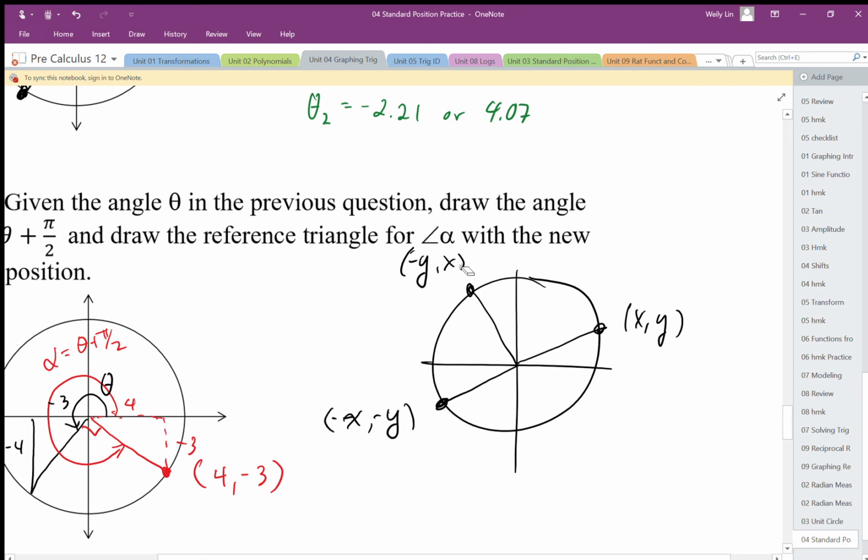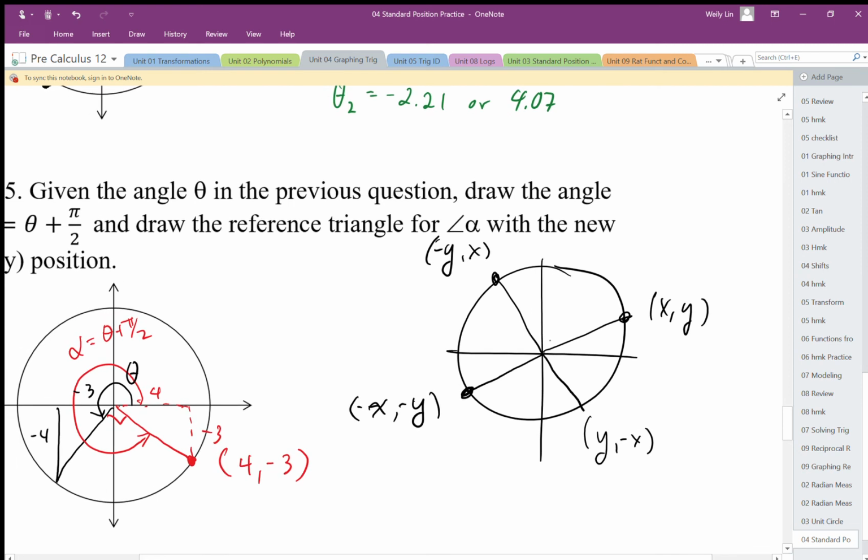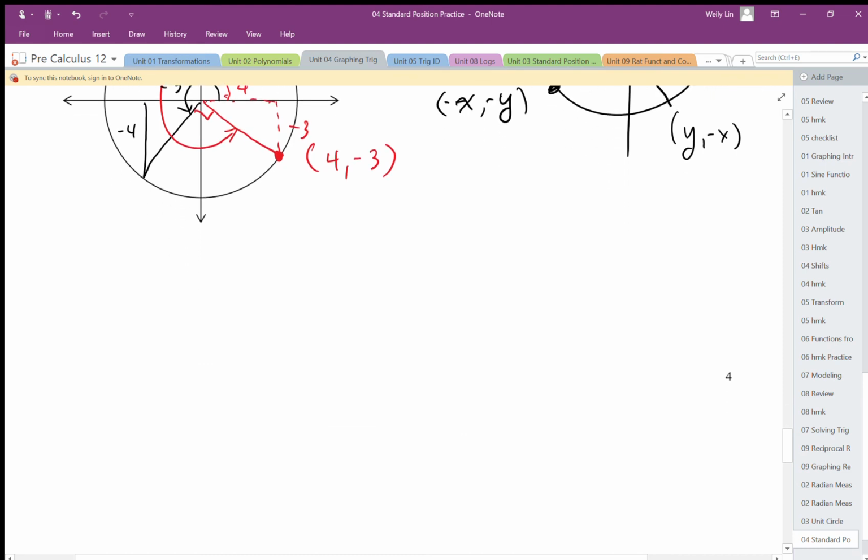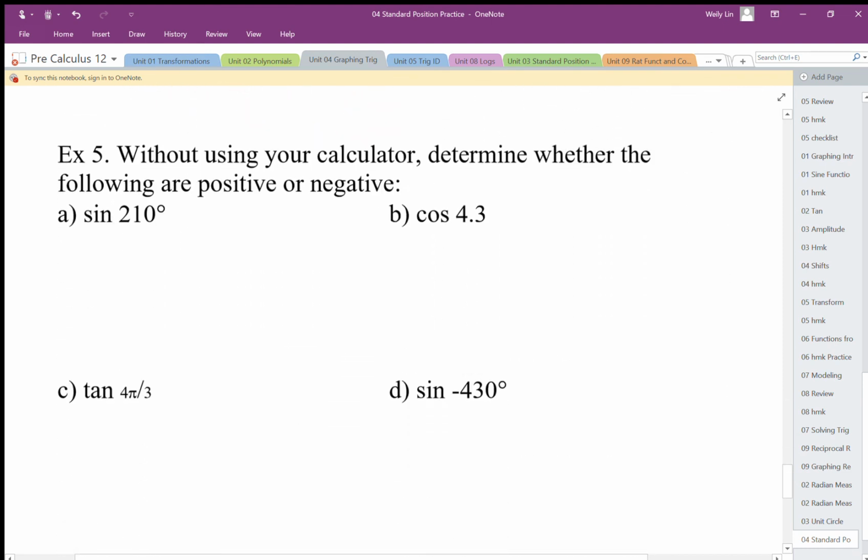And again, from here, I can switch x and y and make the x negative. Here, it's going to be the opposite of that, so it's going to be y, negative x. Again, I switch the x and y and make the x the opposite of what I started with. So in this case, negative y becomes positive y. So we can make these kinds of generalizations with 90-degree turns. If you want to do this geometrically, we can. Later on, we're going to work out how we could do this algebraically with identities.